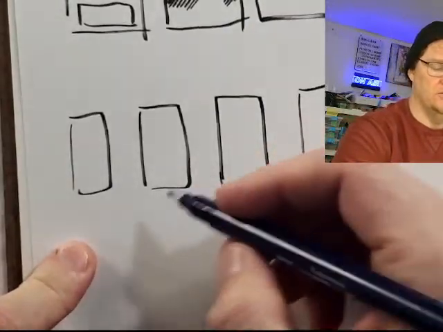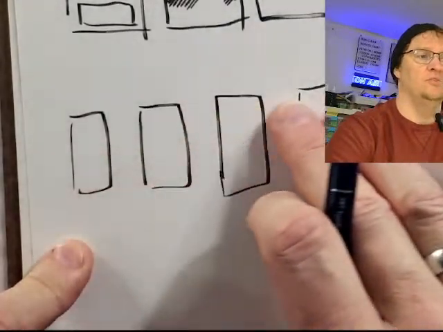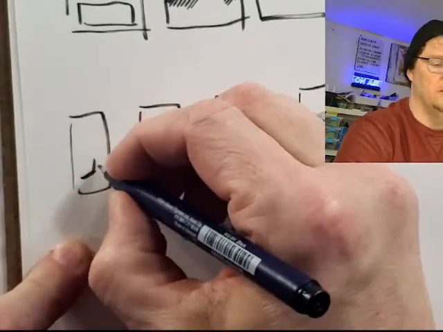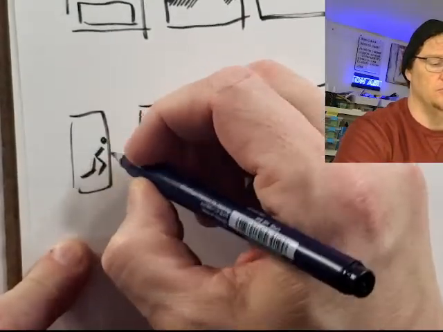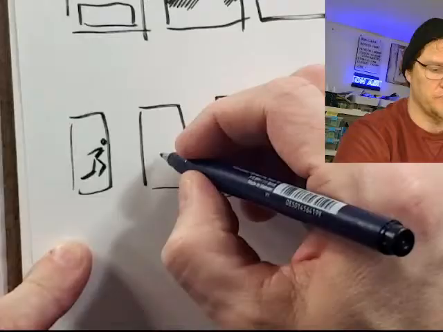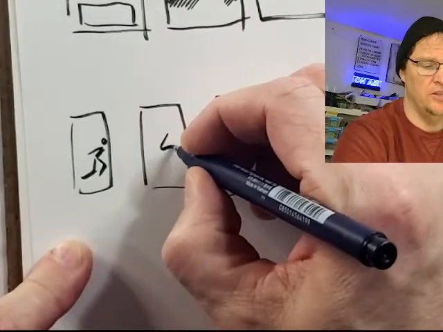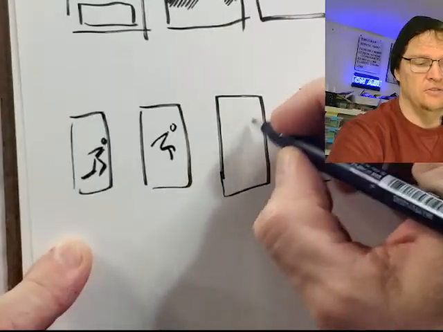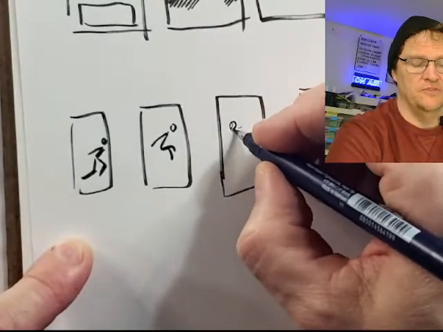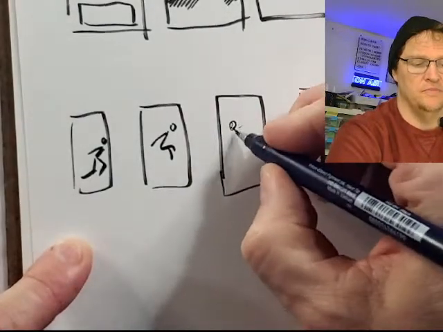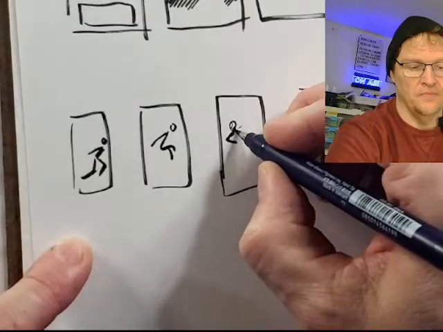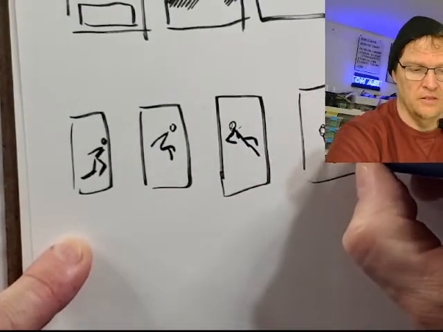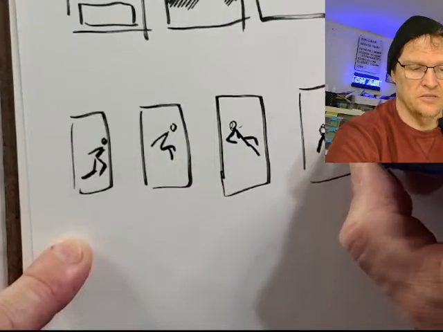Whether it's somebody jumping all the way across, you've got different poses where you've got a person who's leaping here, who's up in the air in the next one, and who's fully flying across in the next one, and then landing on the ground in the last.